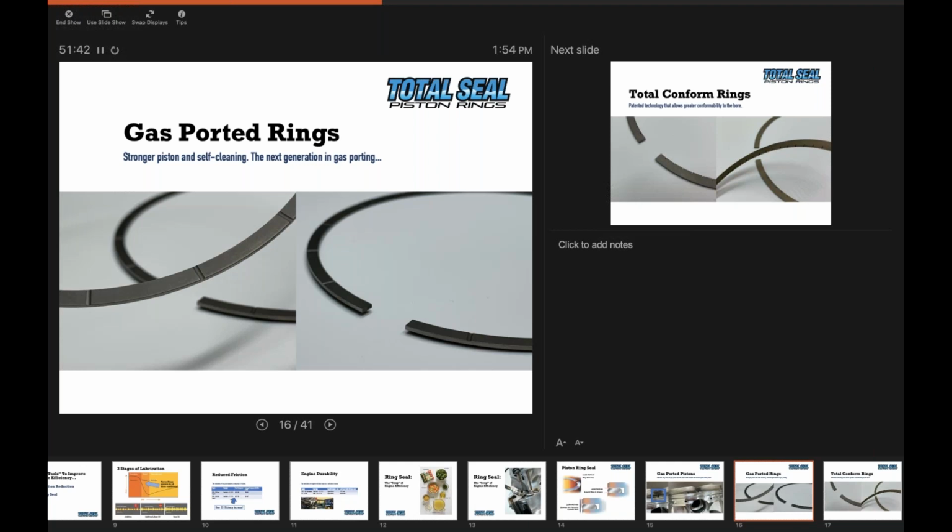But now, as opposed to putting the hole in the piston, you're putting it in the ring instead, which isn't a problem because this ring is made out of either tool steel or stainless steel, right? You can even do it in the larger cast rings if you needed to. They're ductile, but really it's about putting it in the steel rings.